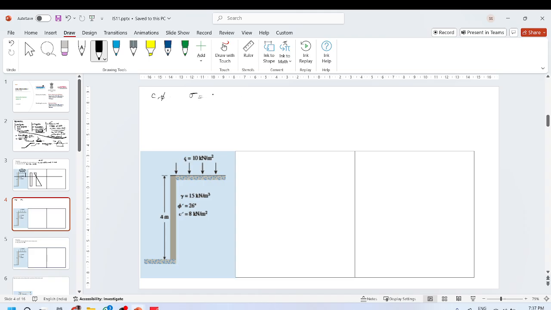tau is equivalent to c plus sigma dash tan phi. And if you use the sigma 1 and sigma 3 notations for tau and sigma, how do you write tau in principal stresses?